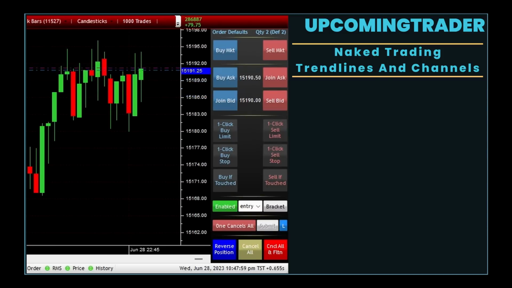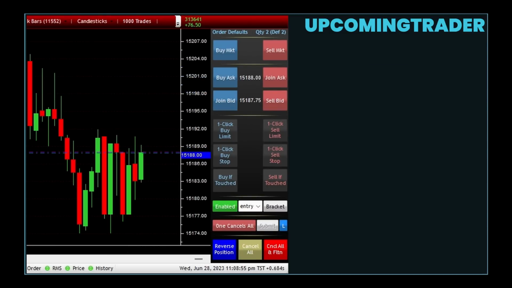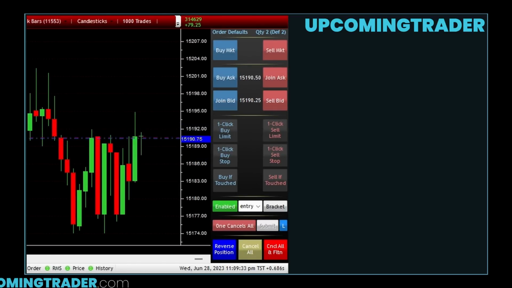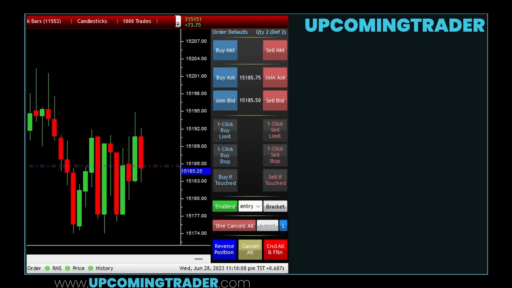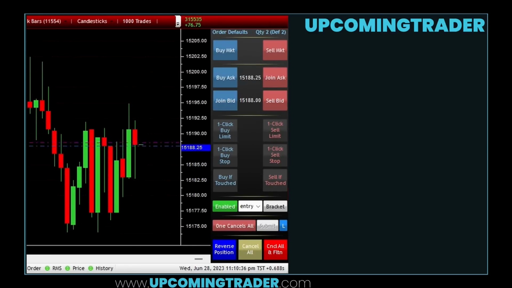Along with support and resistance levels, these help to form what are called trend lines and channels. Again, these trend lines and channels are another method used by price action traders to help see where price might make a change in direction if it has difficulty breaking through, or it might be a position where the price continues going in the current direction.